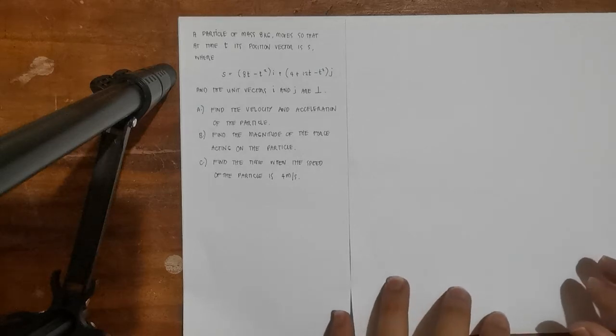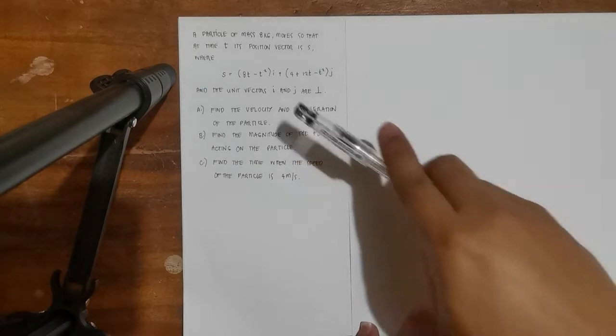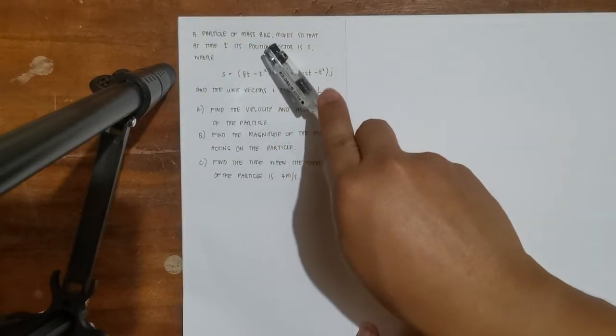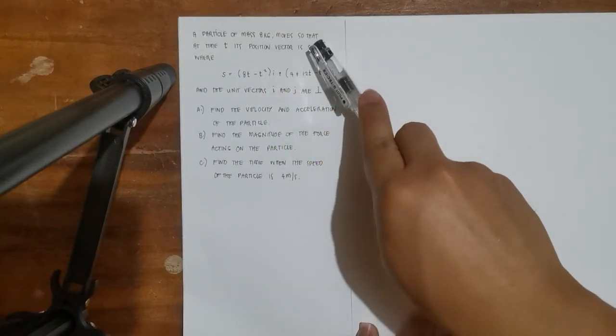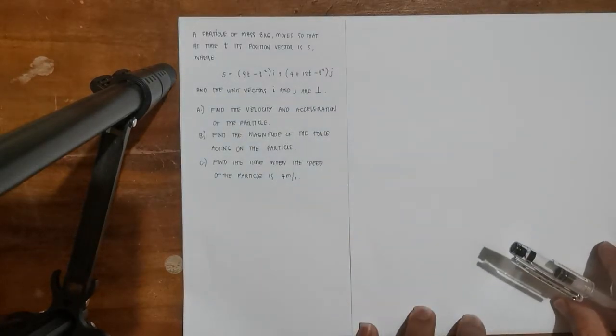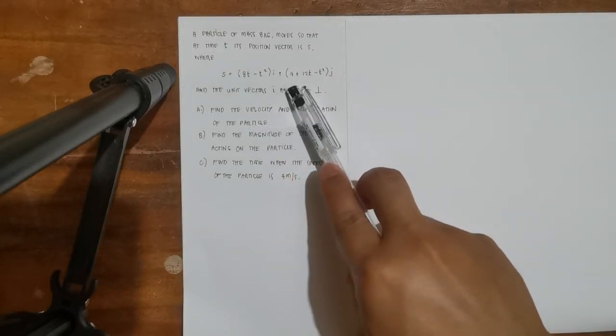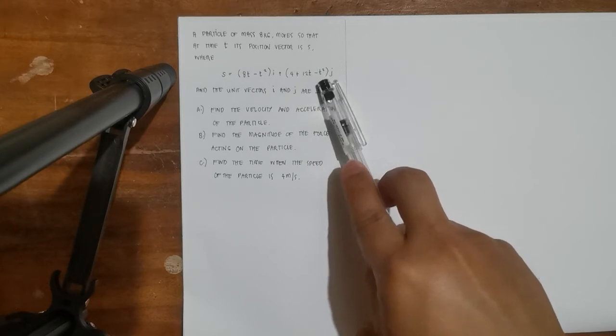Okay, magandang araw po. So, let's solve a problem here regarding variable acceleration motion. We have here a particle of mass 8 kilograms that moves so that at time t, its position vector is s, where s is equivalent to (8t minus t squared) i plus (4 plus 12t minus t squared) j.